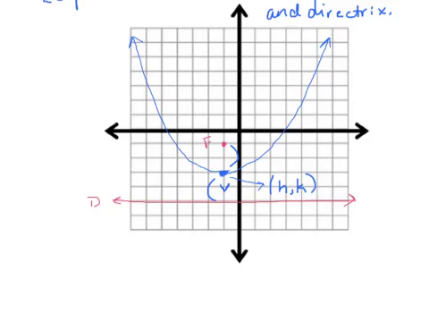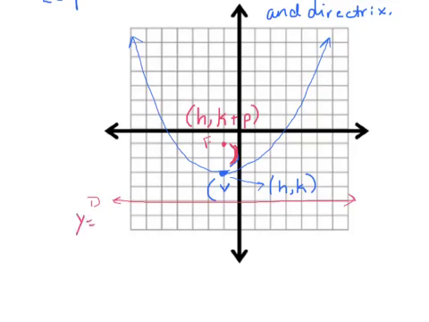Now to find the coordinate for the focus, we're going to count up p units. So if my vertex is (h, k), you see that my focus is going to have the same x-coordinate, but what am I doing from k? I'm counting up p units, so k plus p. And the directrix is a horizontal line going across the y-axis, so my directrix is going to be y equals something.